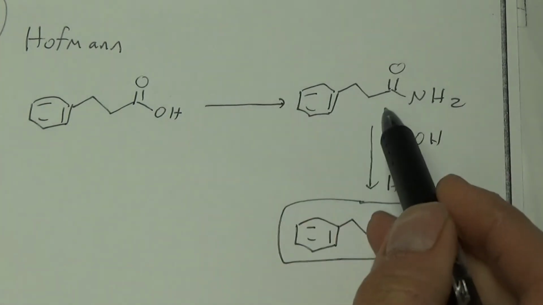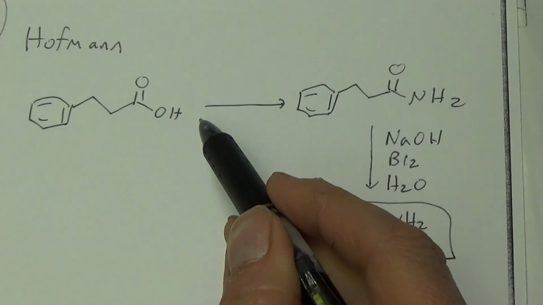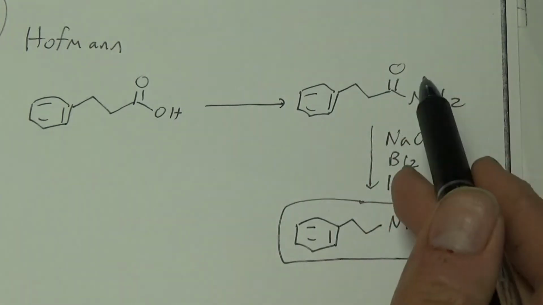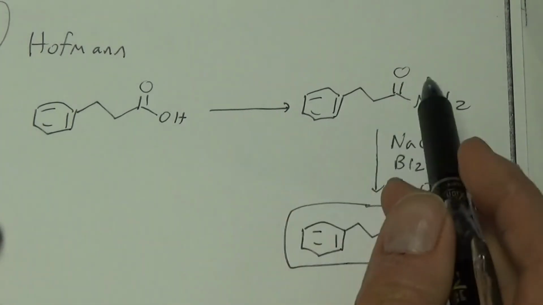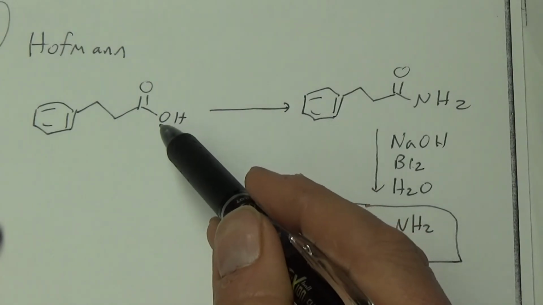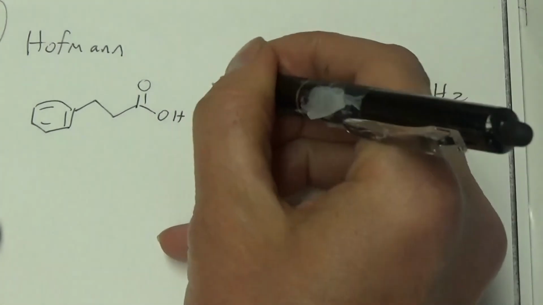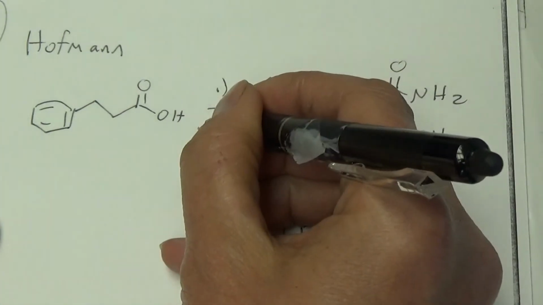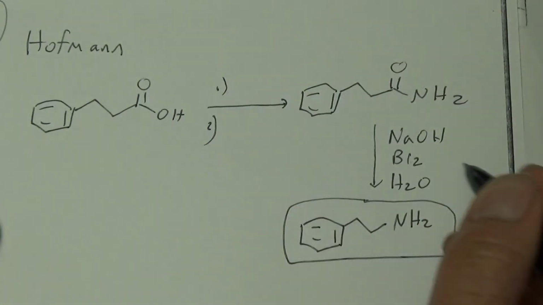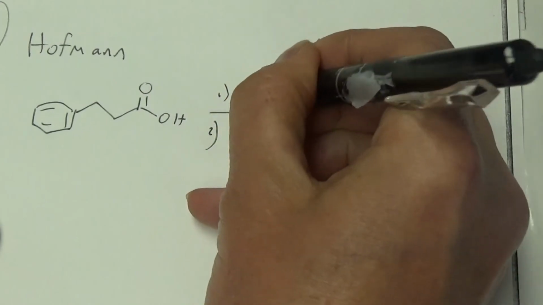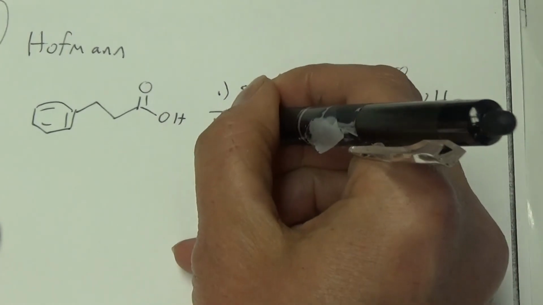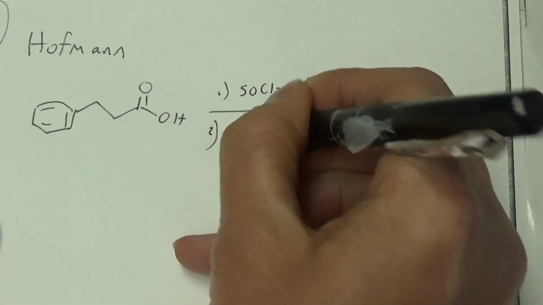Okay, but how do I make a primary amide? Well, how do I make any amide? The theme to making amides is usually OH is a bad leaving group, so make it a good leaving group, kick off the leaving group. SOCl2, probably NH3.